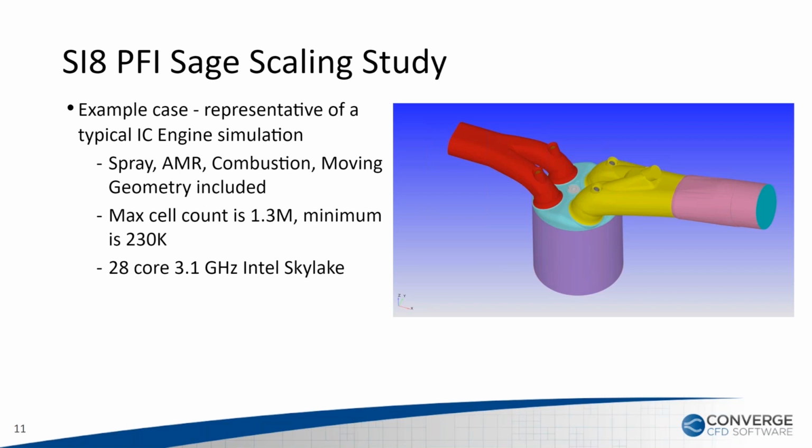For this, we just took an example case that we ship with Converge Studio. It's a setup that we would recommend customers run for this type of engine. It's a pretty small case setup, so there's only 1.3 million cells at the maximum cell count, and it goes all the way down to 230,000 cells. This is run on 28-core Skylake CPUs.